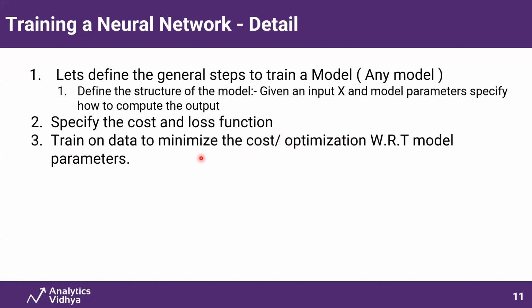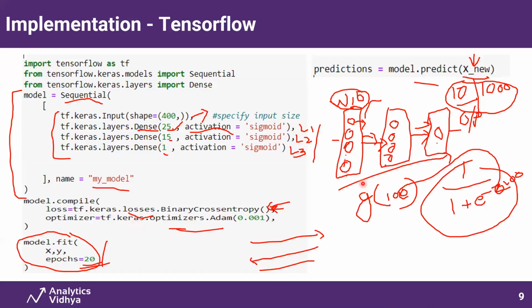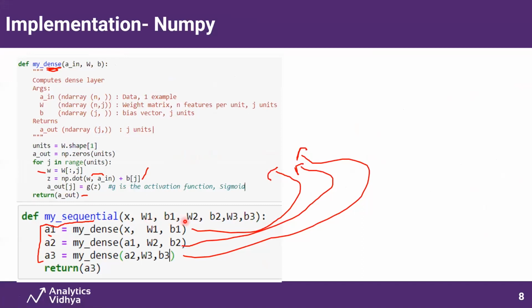Now you will hear this term a lot: optimization of the model with respect to parameters. This is just a fancy term. It doesn't mean anything big. It means we optimize the model using those parameters, the weights and biases. These parameters are in our hand.